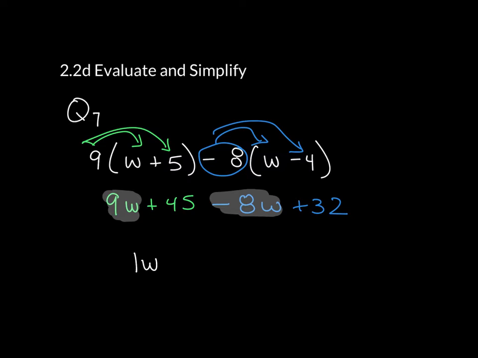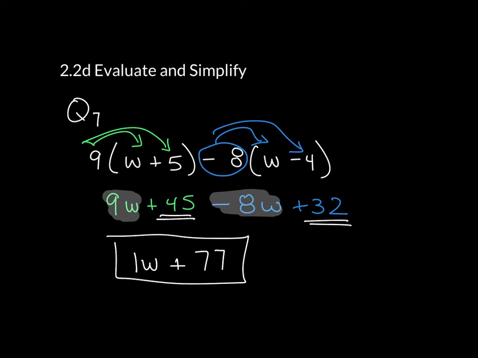And then the next piece we are going to go ahead and combine is positive 45 plus 32. So that's going to equal a positive 77. And like I said, you can write it as 1w plus 77 or just w plus 77. Both will work with this.